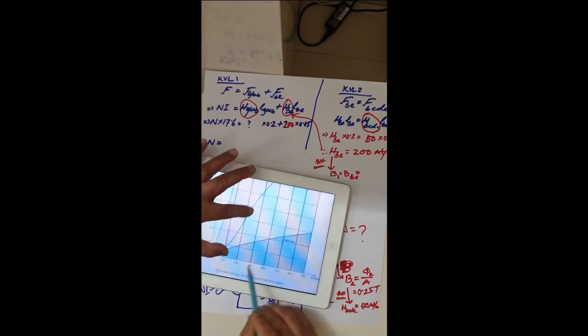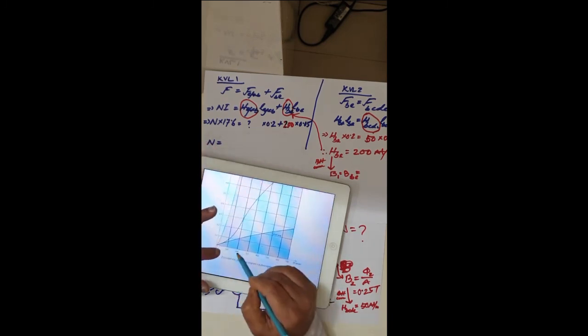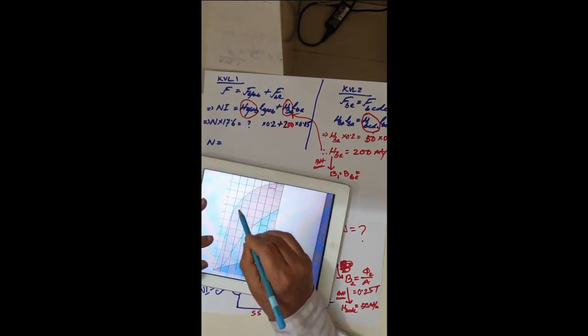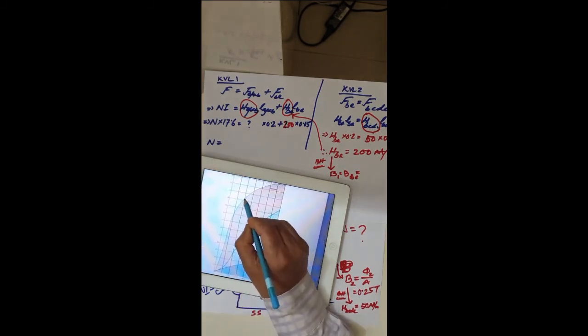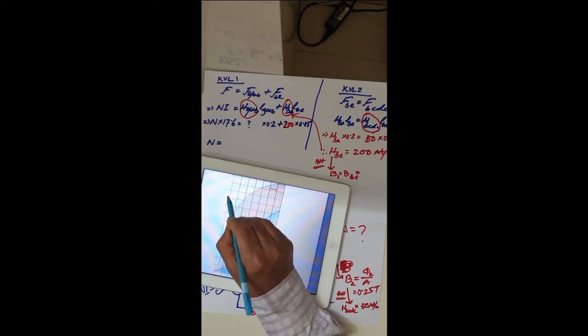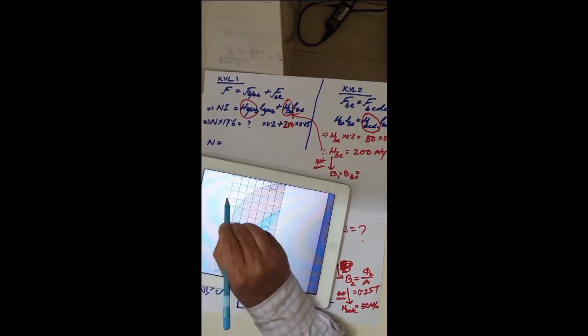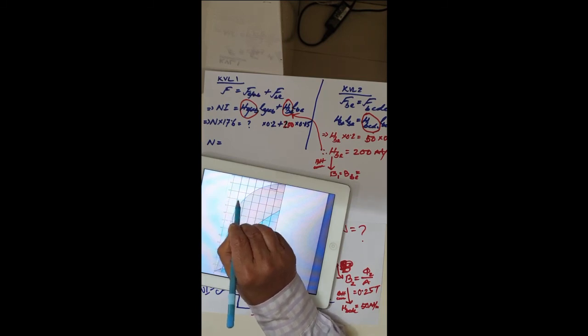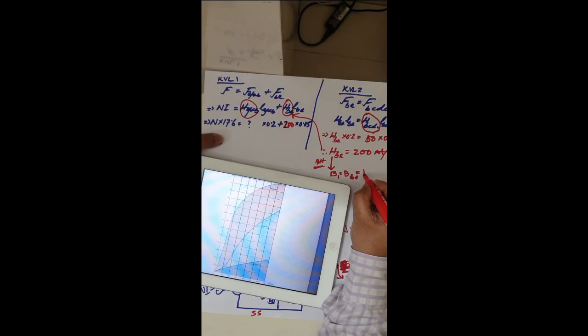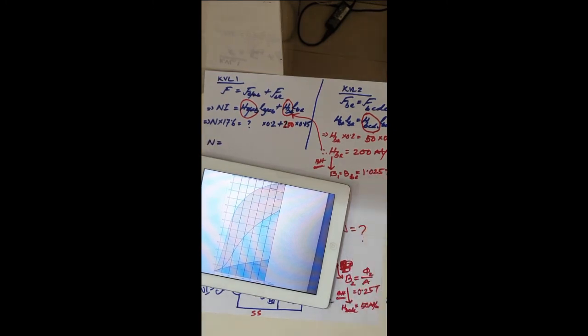If you go along this 200 line and intersect here, the corresponding value is 1.025 Tesla.